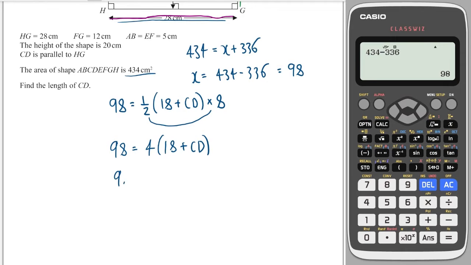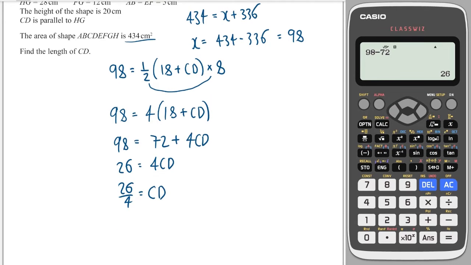And multiplying out, 4 times 18 is 72, plus 4 lots of CD. Subtract 72 from 98 is going to give us 26. And then finally divide through by 4, we get 26 over 4, or if you prefer, 6.5.